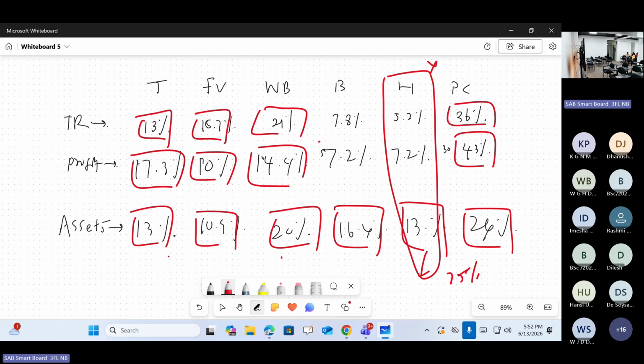That's the basic understanding. We are considering two factors: significance and relevance.